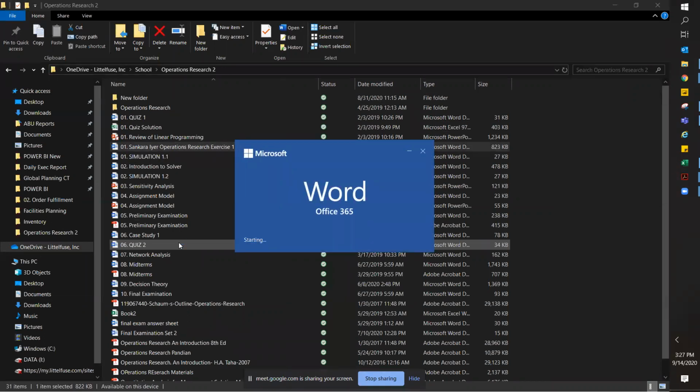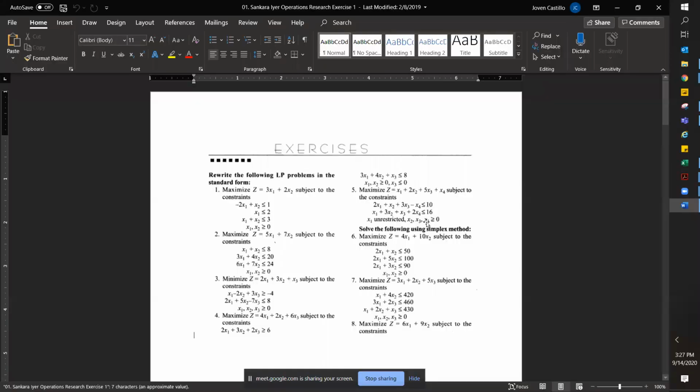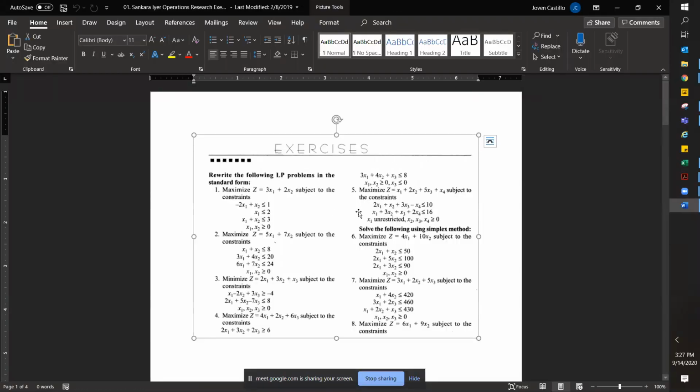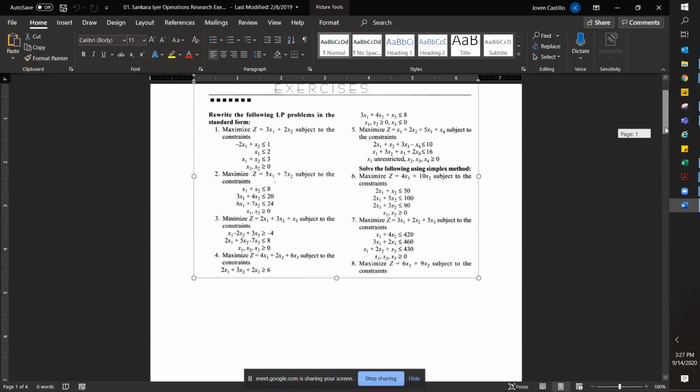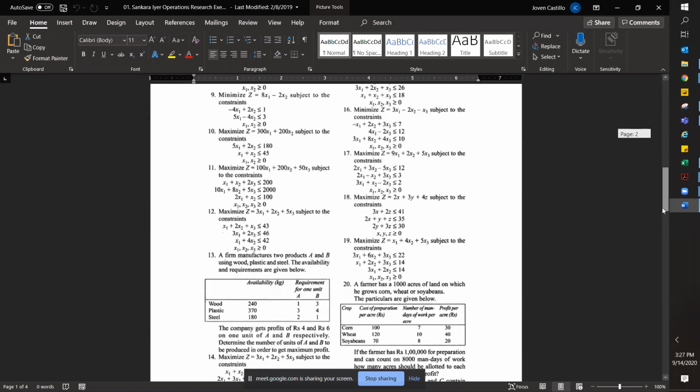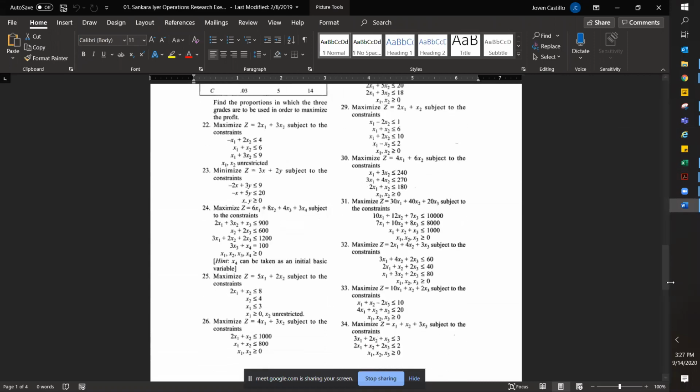So, may ipoprovide ako sa inyo guys since we're still a few minutes. Ito, mga problems. Siguro i-filter ko lang yung iba na good for 2 dimensions. Ayan, gaya nitong halimbawa 6, 7. Nope, hindi pwede yung 7. Basta mag-filter na ako dito ng ilan. Okay.